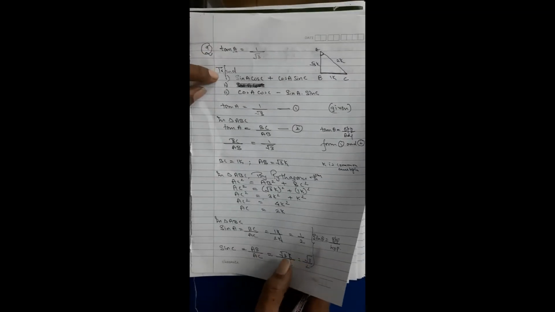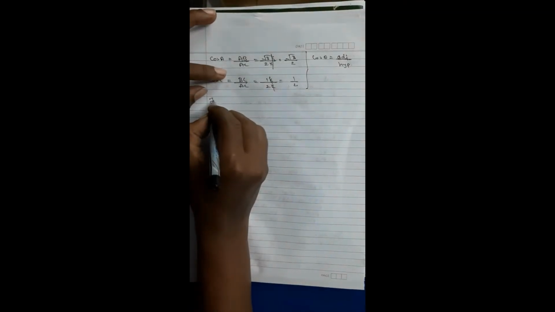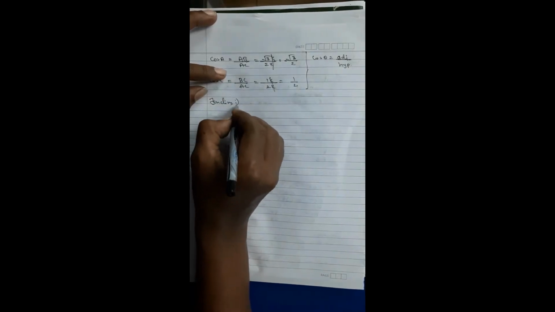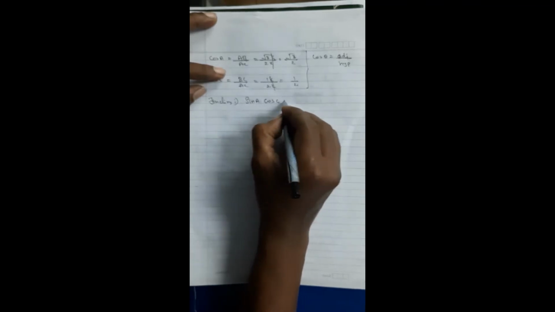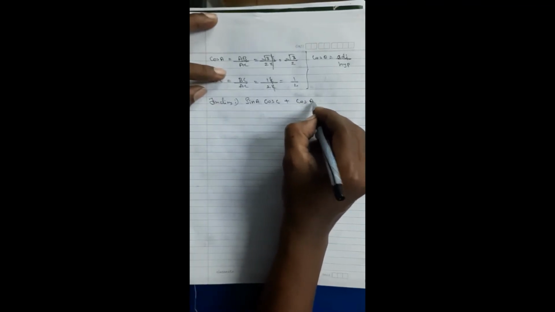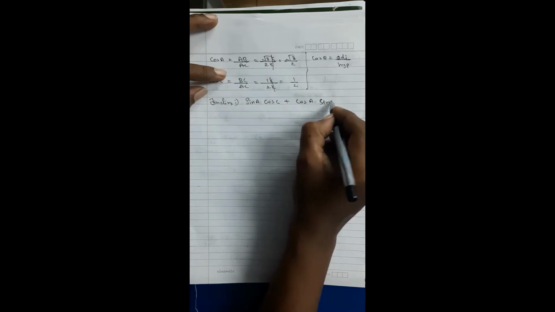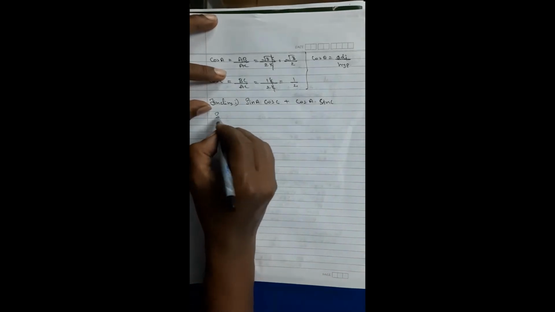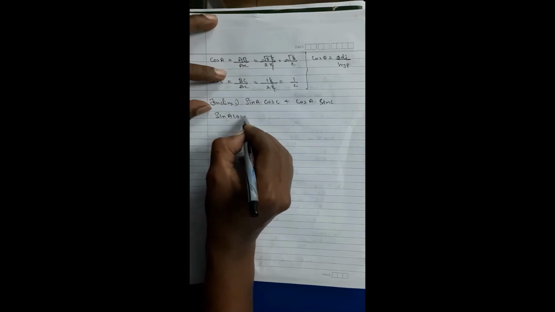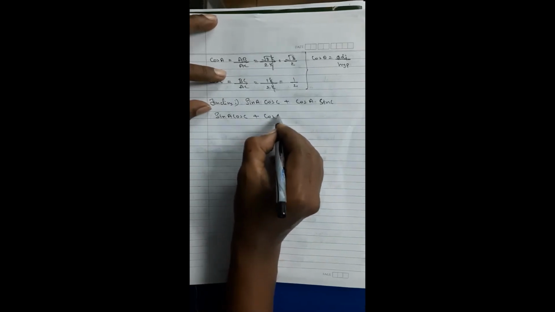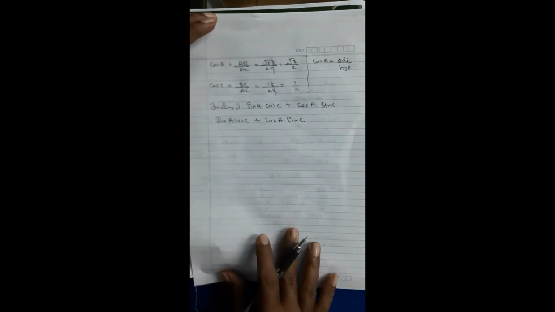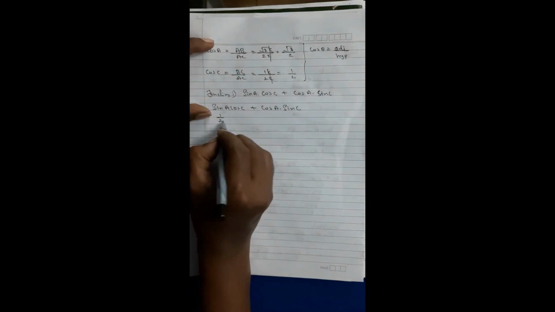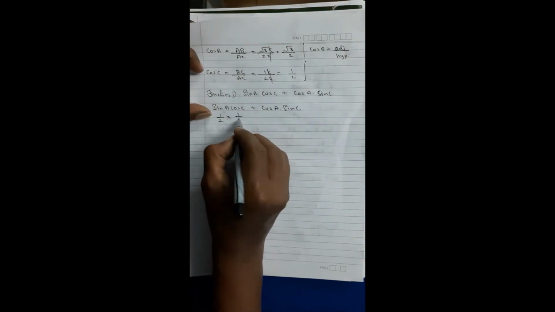And now the first one, finding sine A cos C plus cos A sine C. Sine A is 1 upon 2, into cos C is again 1 upon 2.